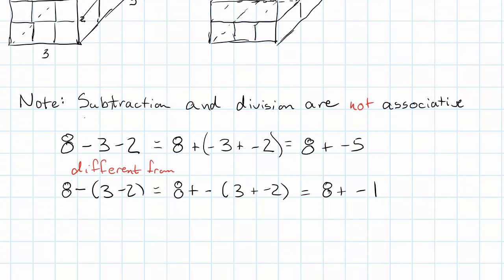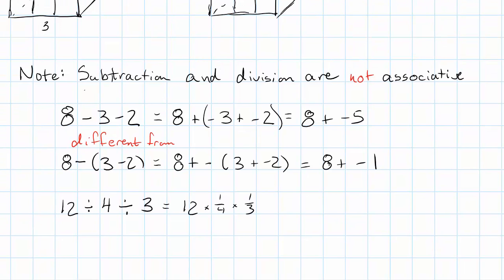Division similarly. 12 divided by 4 divided by 3, that's 12 times 1/4 times 1/3. Which is different from 12 divided by (4 divided by 3) in parentheses.